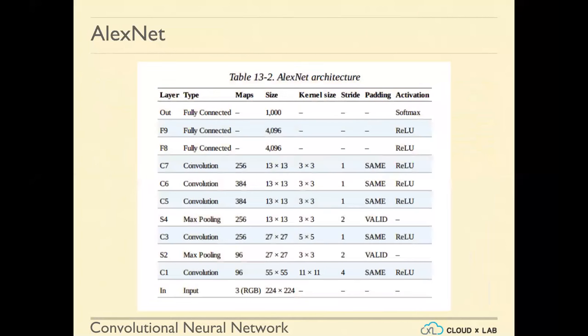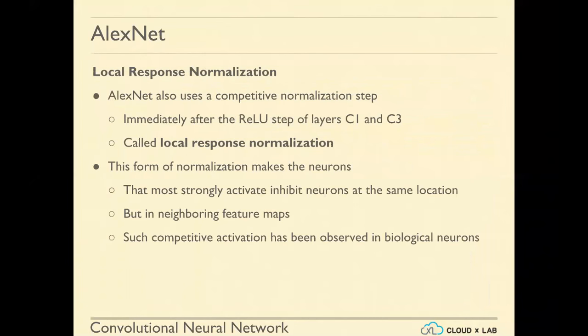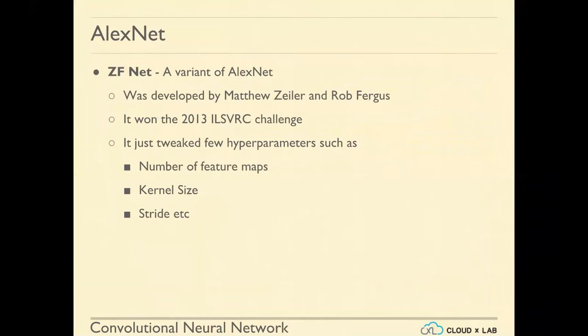Okay. Now, that was AlexNet, and one of the differences from the standard. So now there was another variant of AlexNet called ZFNet, developed by Matthew Zeiler and Rob Fergus. It won the 2013 ImageNet Challenge. All it did was use exactly what AlexNet did.